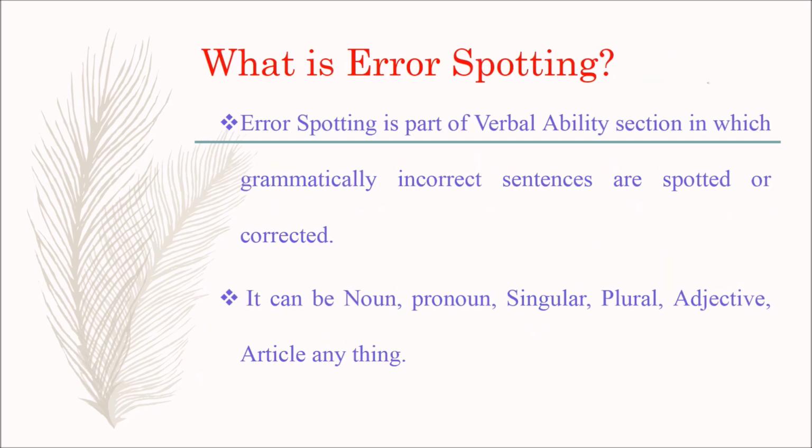Next, we are going to learn about what is error spotting. Error spotting is part of verbal ability section in which grammatically incorrect, which means grammatically wrong sentences are spotted or corrected.